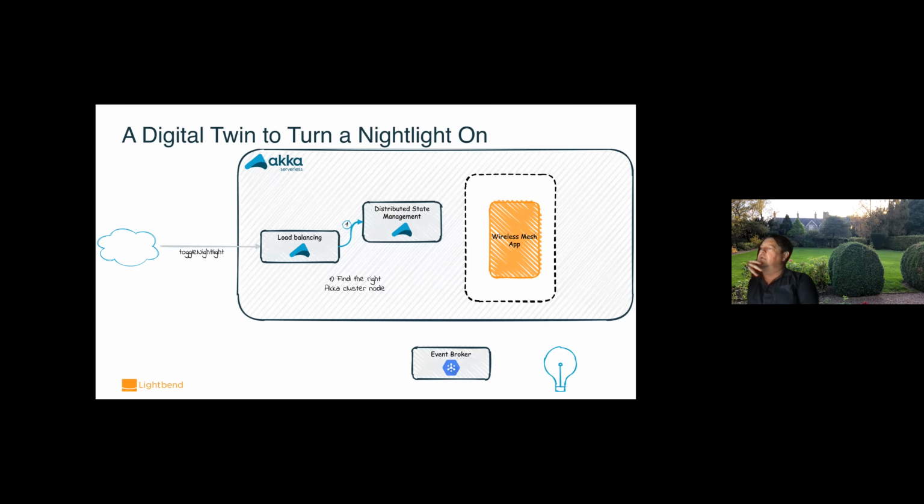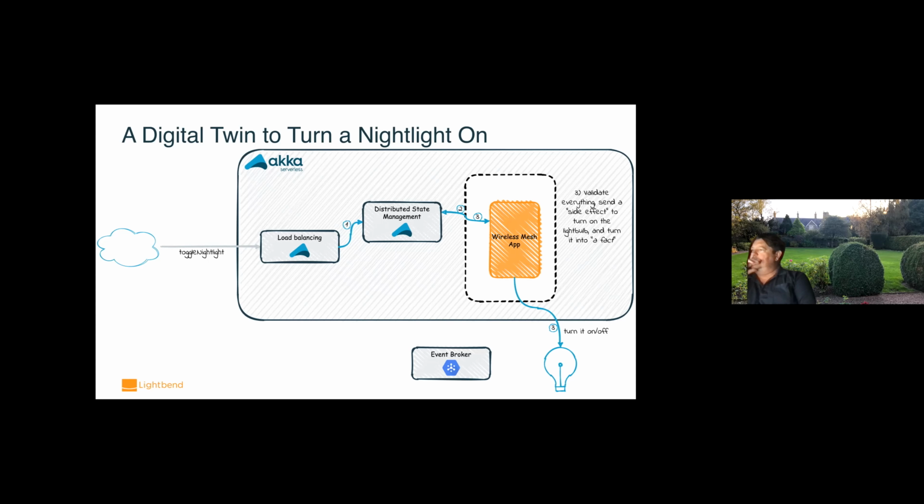Akka is really good at knowing where that particular thing is, just as any good sharded system would be. So it quickly locates where that state is going to be. It instantiates or talks to an instantiated instance running on a pod of your code, your business logic, and it'll send the state in, have the business logic run on the state, and do something.